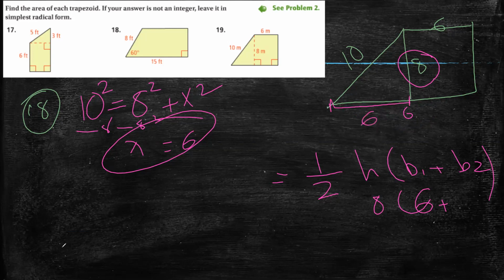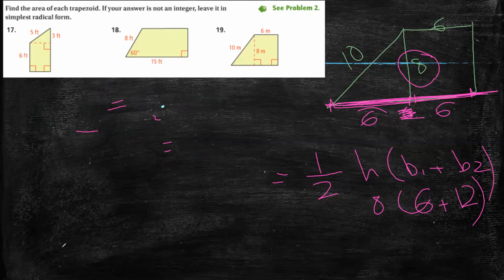Since we have a rectangle, here it will also be 6. So what is the length of the big base? 12. It will be 12, because 6 plus 6. So the length now of the base is 12.